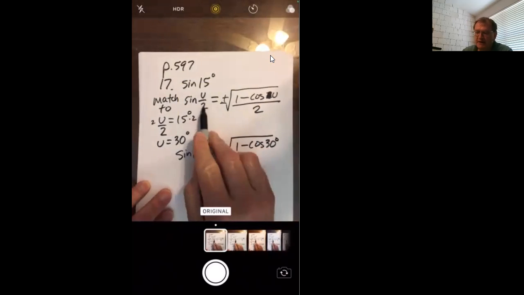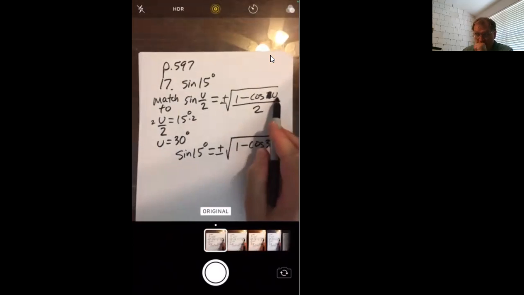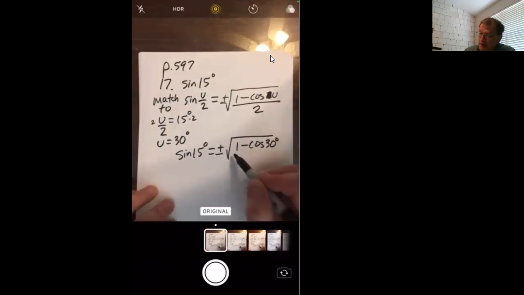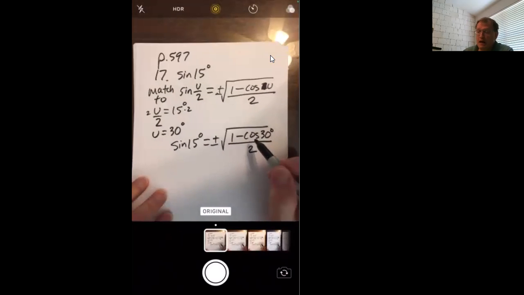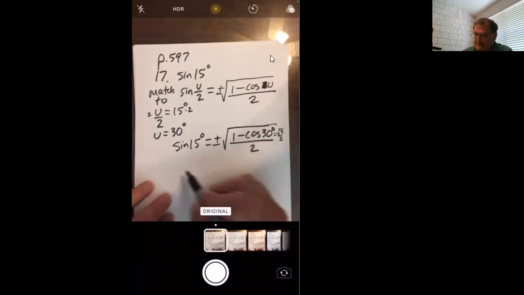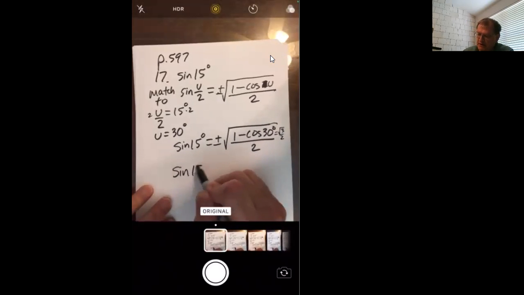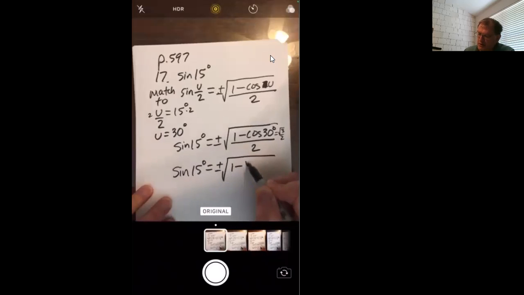See, if you got half of the u itself, u would be 30. Well, cosine of 30 is equal to root 3 over 2, and you wind up with some of these nasty expressions. Sine of 15 degrees, big square root 1 minus the square root 3 over 2, all over 2.